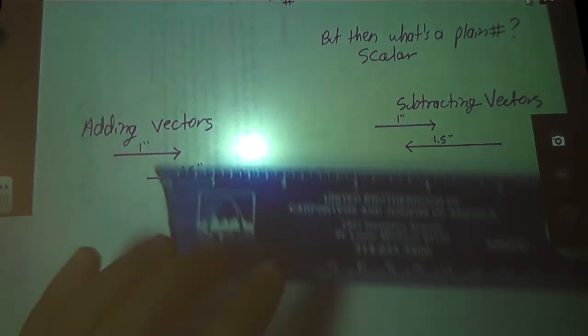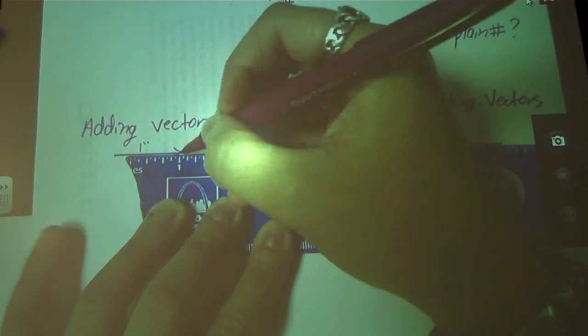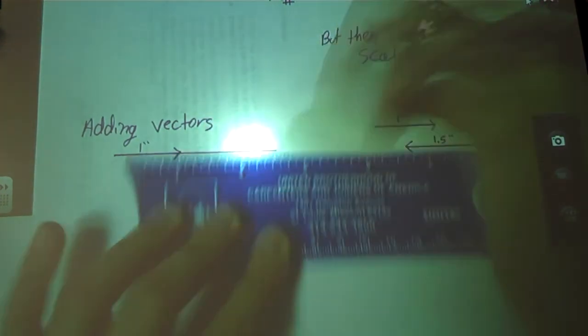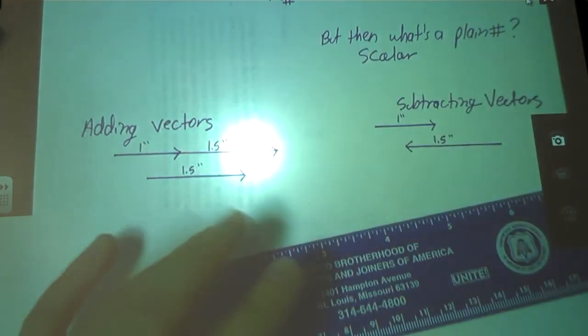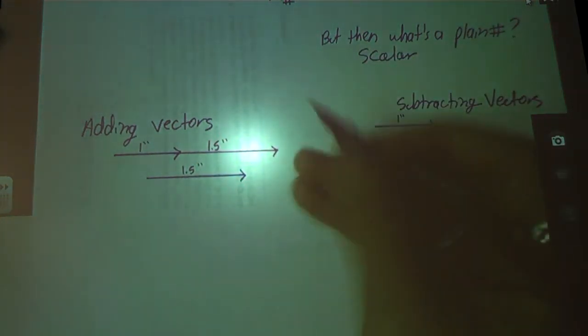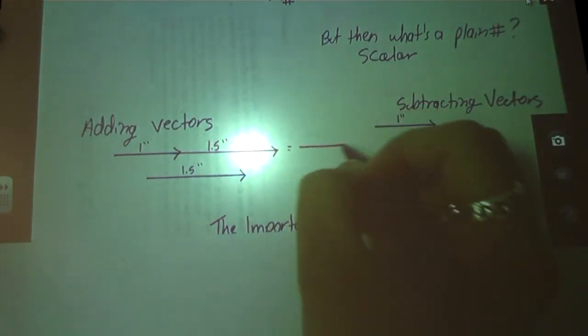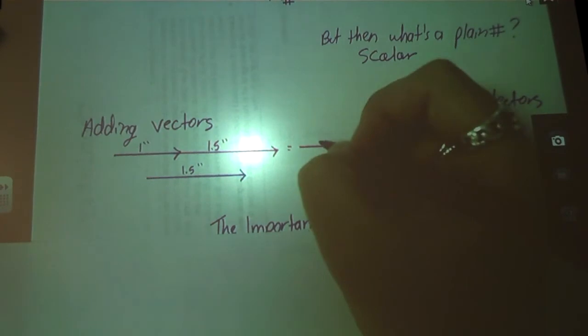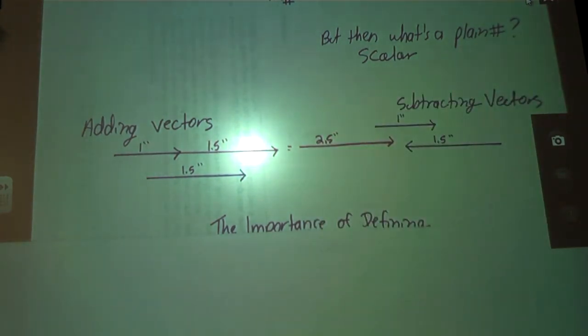Since they are both going in the same direction, that makes this pretty darn easy. So there we have it, a 1-inch vector plus a 1.5-inch vector will equal a 2.5-inch vector still going in that right-hand direction.